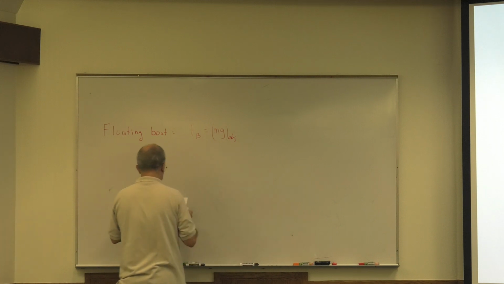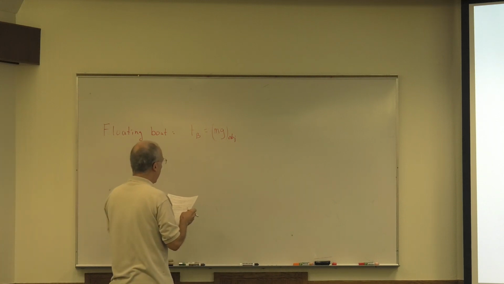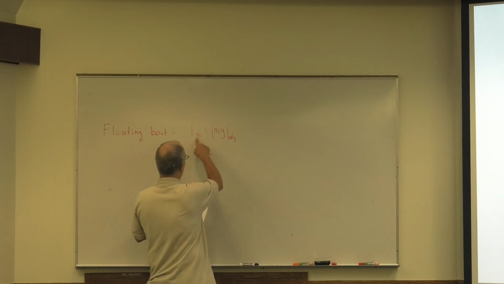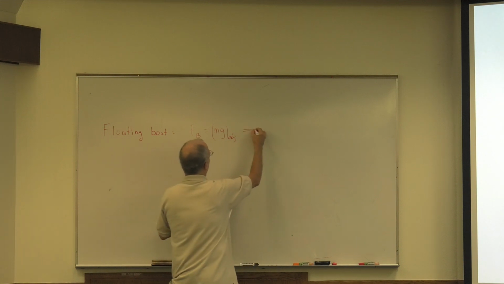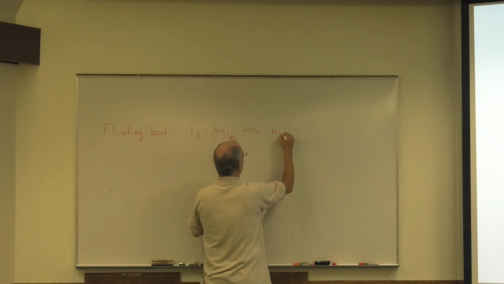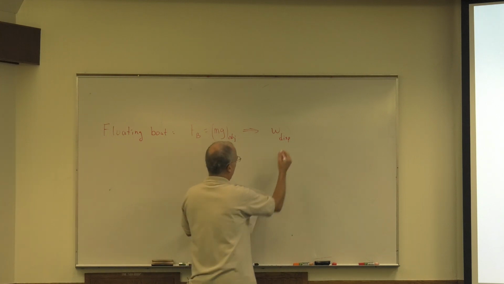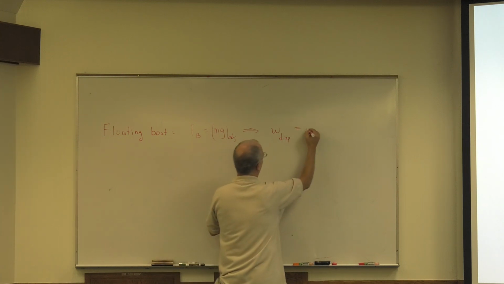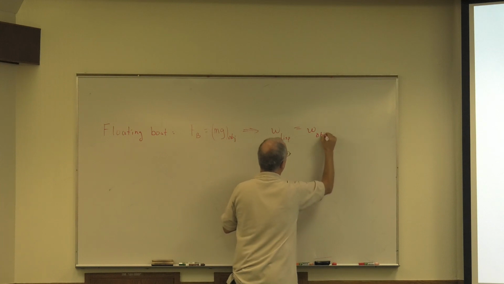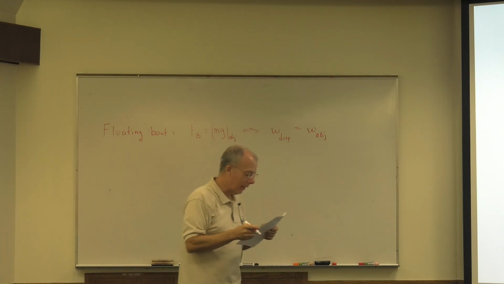And again, what's the buoyant force? The buoyant force is the weight of the fluid displaced, right? So I can just say the weight of the fluid displaced equals the weight of the object. Great. That makes sense, right?